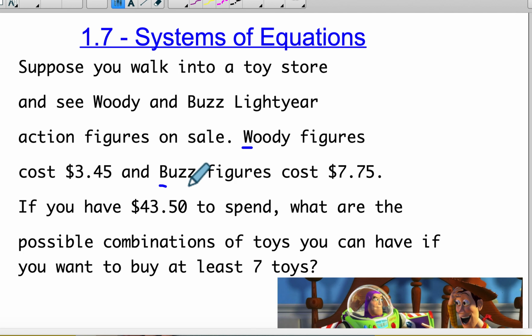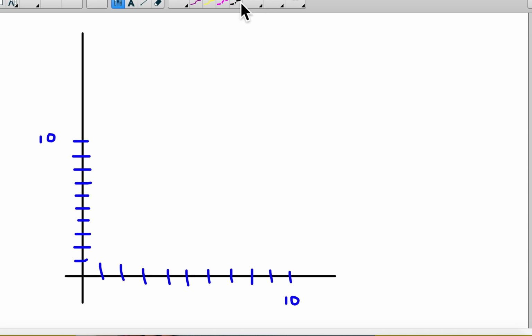So we have Woody is W, plus Buzz action figures. I need to buy at least 7 toys. So when I add those up, I need it to be greater than or equal to 7. That is my first inequality that I'm going to worry about, right?